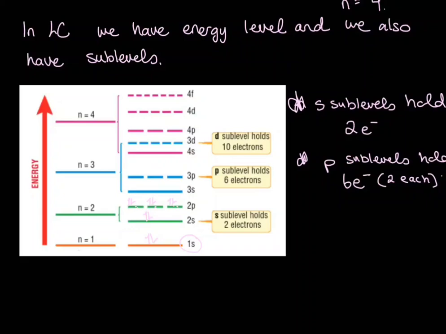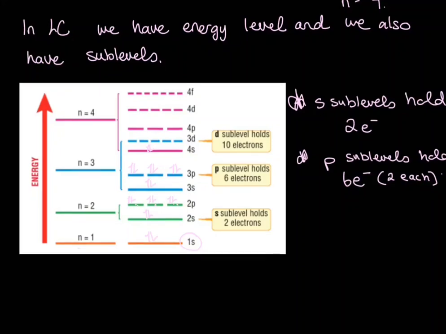3s, it's an s, so 2. p, there's 3 sublevels in p, so 2 each. In total 6. 4s, 2. 3d then is next, and you can see how many there is, 5 of them. Each one always holds 2.